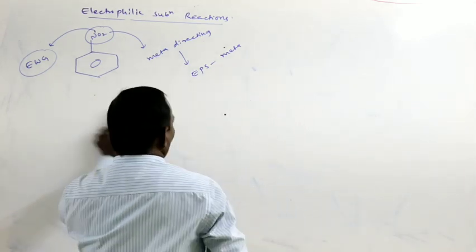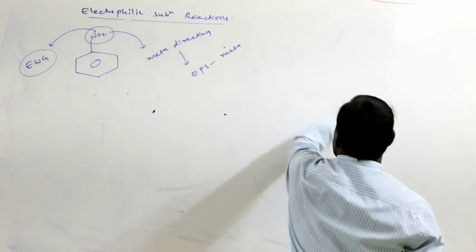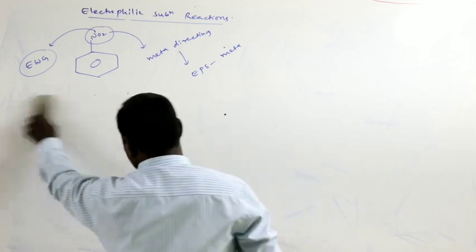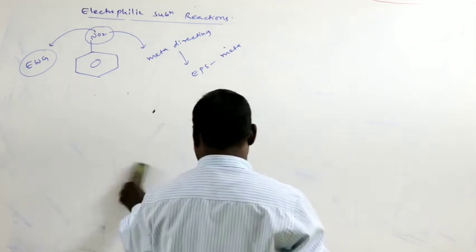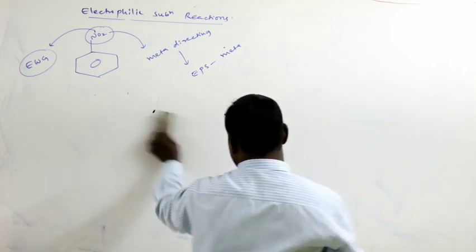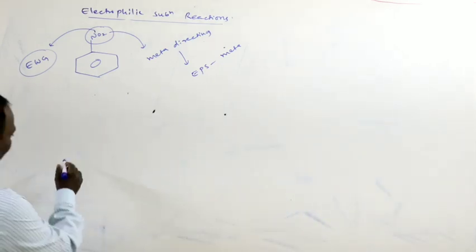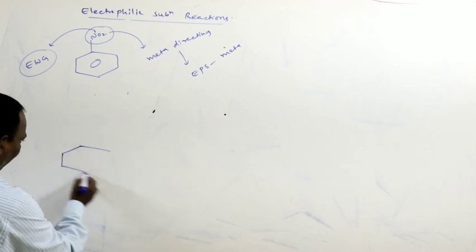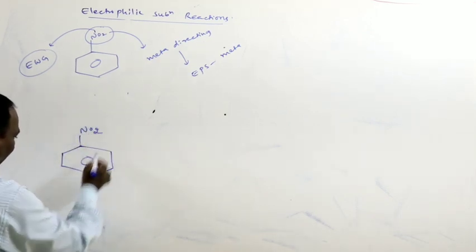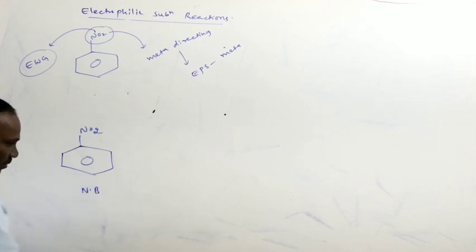Therefore, the electrophilic substitution reactions of nitrobenzene include nitration, and also sulfonation and halogenation. Here nitrobenzene, C6H5NO2.